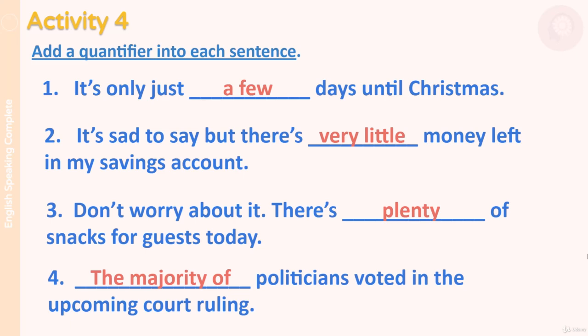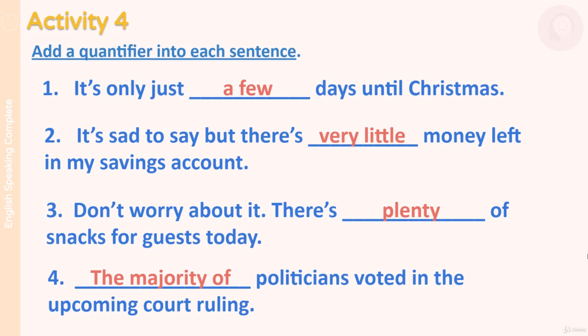Now, the important thing here is that you got the correct quantifier type, whether it was a quantifier for countable or uncountable. But generally speaking, there's a few different answers for each. This is just what I thought was the most natural sounding choice for each sentence and situation. For example, the majority of politicians.